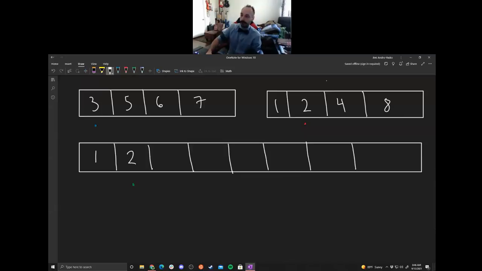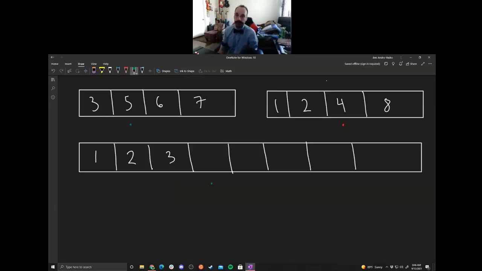And we're going to move the red counter over by 1, and the green counter over by 1 as well. And again, we do the same exact process. We check which one is smaller. The blue counter element 3 is smaller now, so write that 3 into this array, and then move the blue counter this time around. And the green counter, well, we just move that regardless.